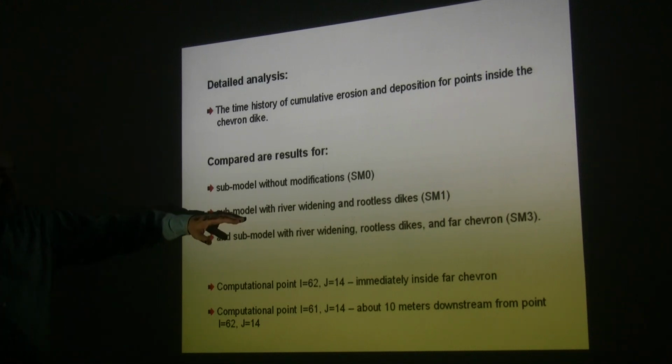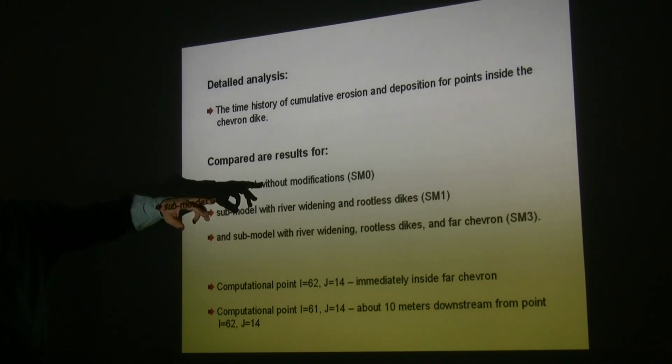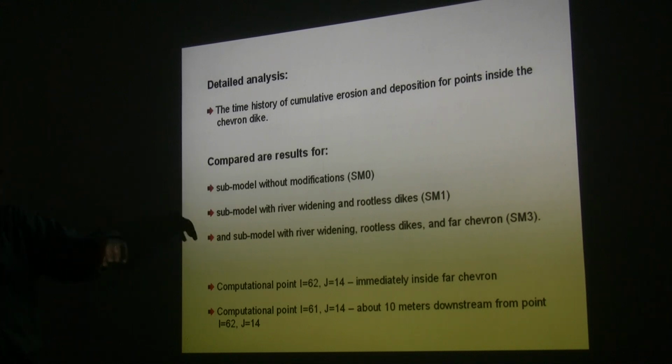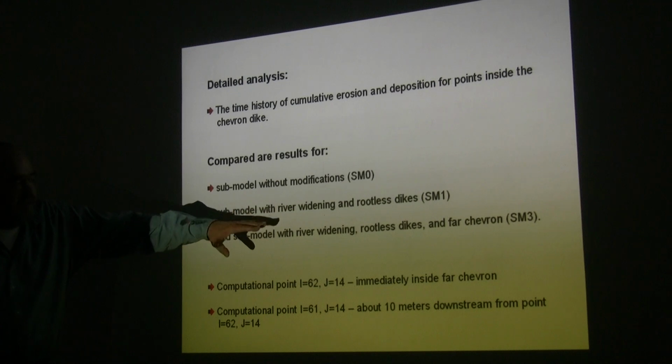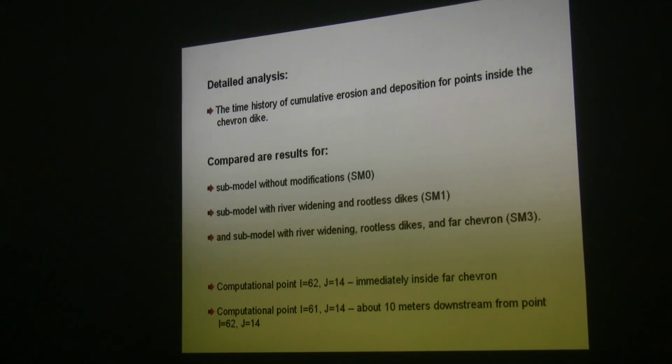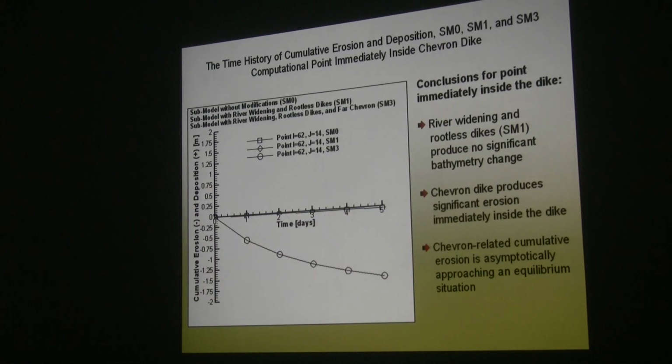We have a model with combined widening and rootless dikes, and we had a model with a combination of the previous 2 measures and that chevron dike. We were looking at the computational point inside the chevron, right at the upstream end of the chevron, and then a computational point about 10 meters further downstream. Let's see the results.